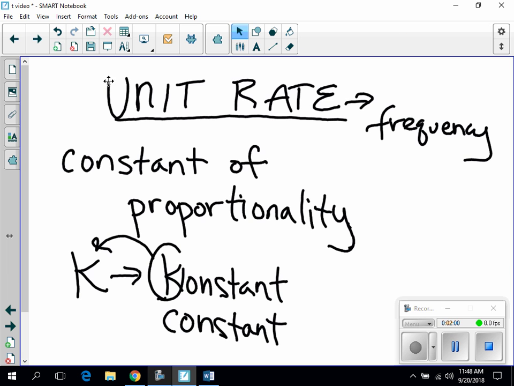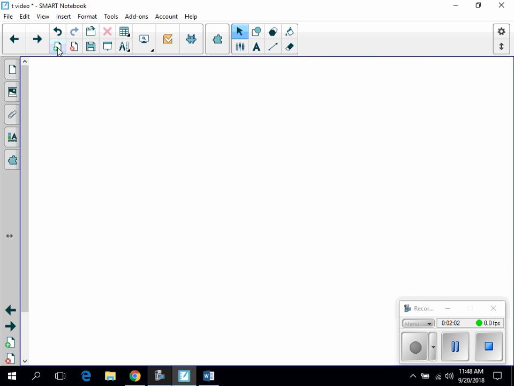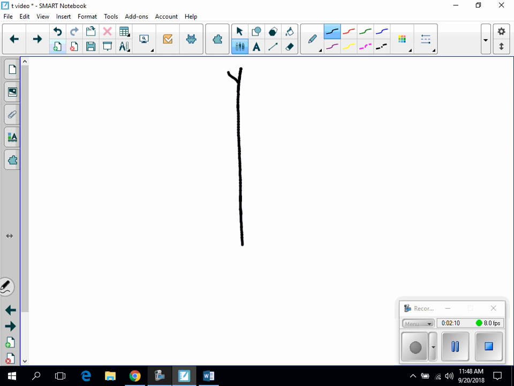So now that we've taken some notes, I think we're ready to look at the graph. We need to recall that the y-axis is the vertical line in a coordinate grid, and the x-axis is the horizontal line.